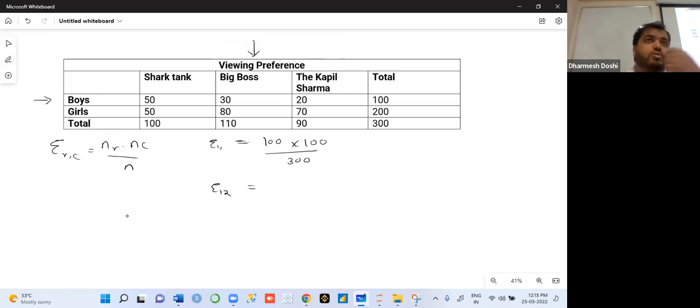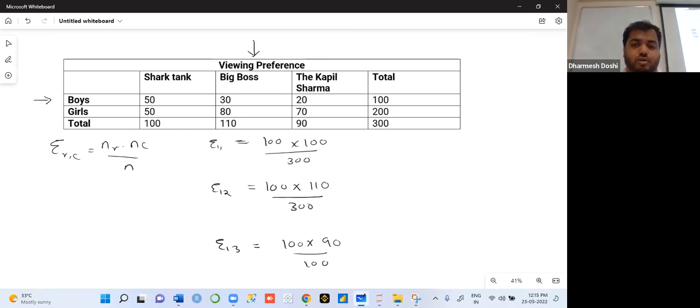How much is the total in the first row? 100. How much in the second column? 110. Total 300. Third column, 90. Solve this the same way for E21, E22, and E23. Got the point? Guys, solve this one and give me a solution.